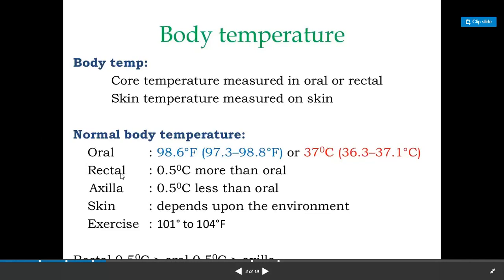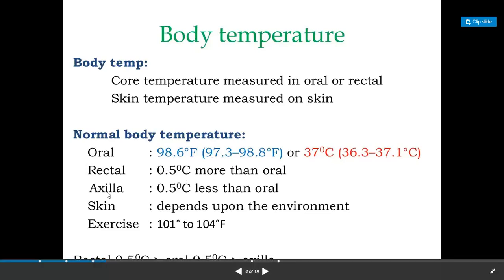In the rectal region, we have 0.5 degrees more than the oral region. So if I get 37 degrees in the oral cavity, when I measure the temperature in the anus, it will be a little bit higher than 37 degrees. I will get 37.5 because it is 0.5 degrees higher than in the oral cavity.